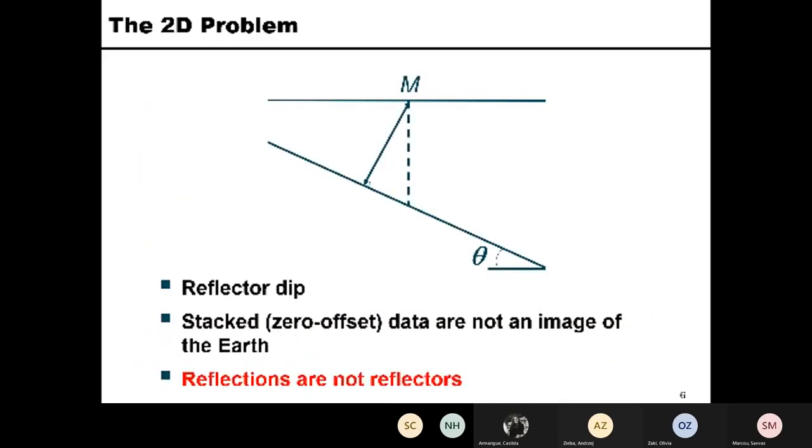In the previous lectures, we learned how to generate zero offset stack section. So zero offset means, I denote M here. M here just denotes the midpoint, right?